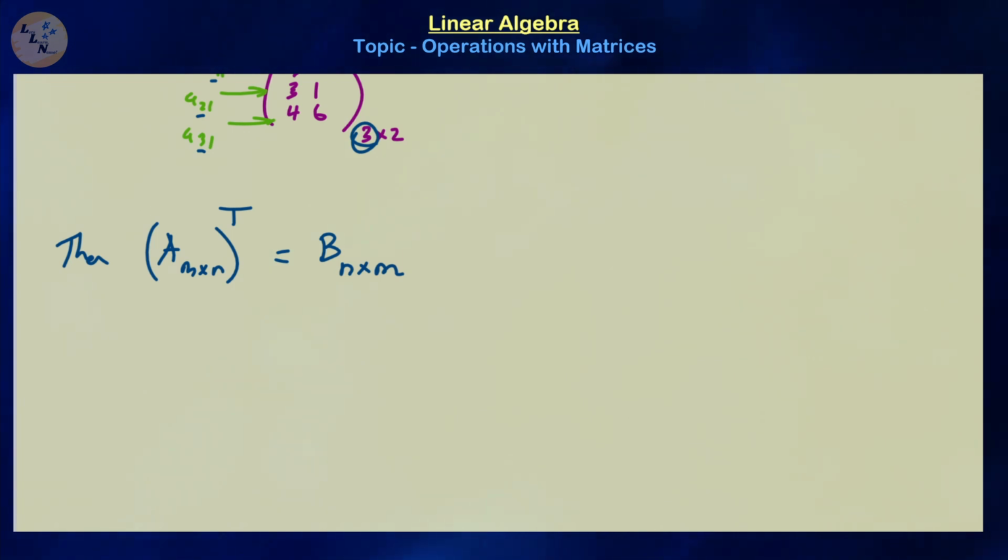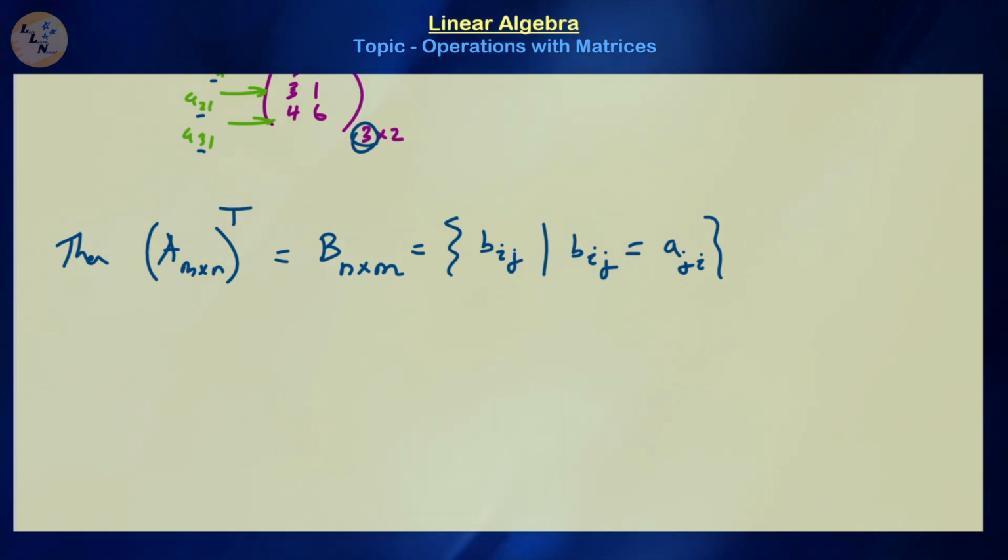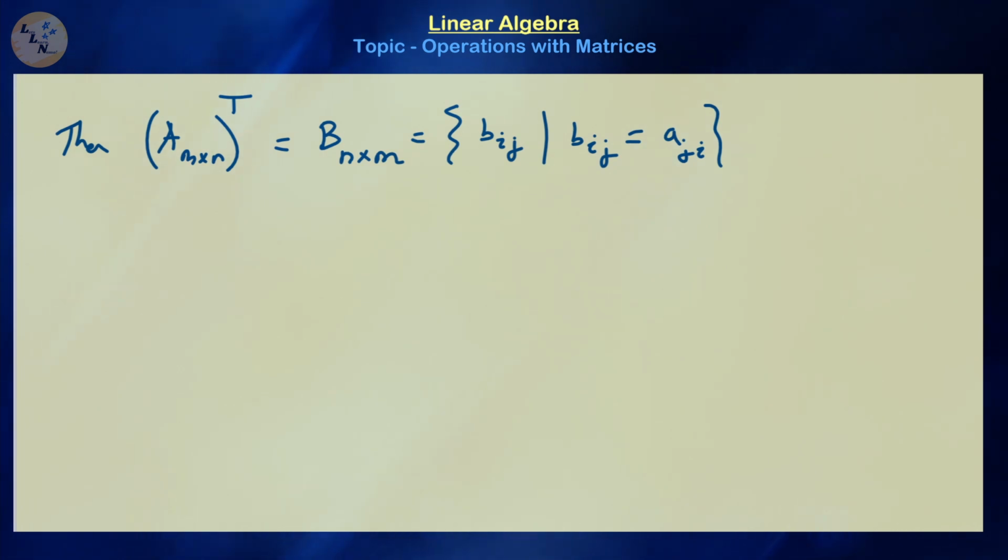So the number of rows becomes the number of columns, and the number of columns becomes the number of rows. So how do we define this matrix B, n by m? It's going to be the set of elements Bij, where Bij is equal to Aji. So the rows become the columns, and the columns become the rows. So that's how we define the transpose of A.